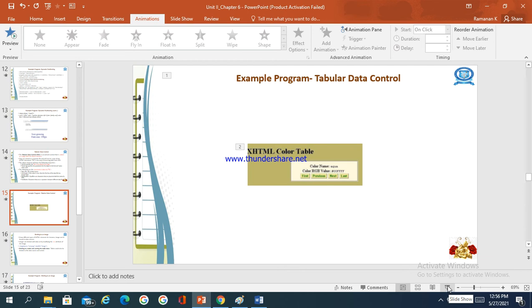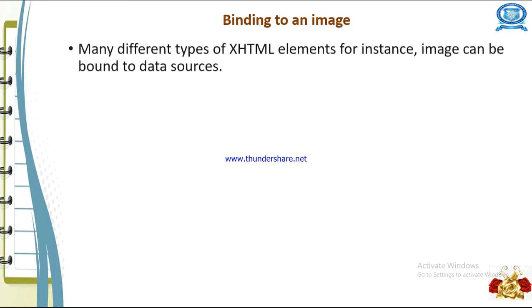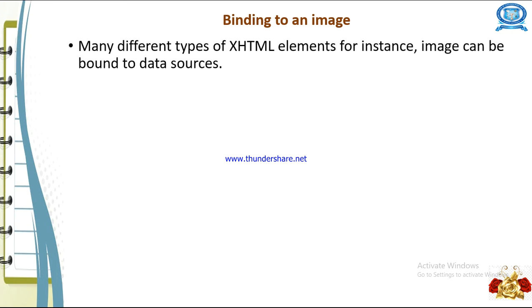Okay. So next we are going to discuss the next topic, that is binding to an image, for this particular web page. There are many different types of HTML elements.